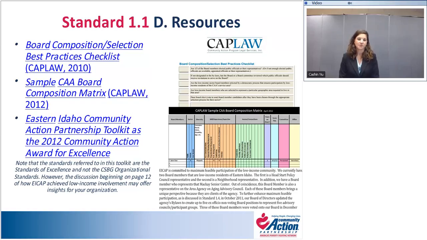Yeah, I think that last point is really key to think about your geographic service area, those that you're serving right now and those that you could be serving, those that could be involved in the process. So it definitely relates to the customers that you're serving and those who are low-income living in the community. The other piece about the poverty level would be the tough answer of talking to your state to figure out what their definition of that would be.